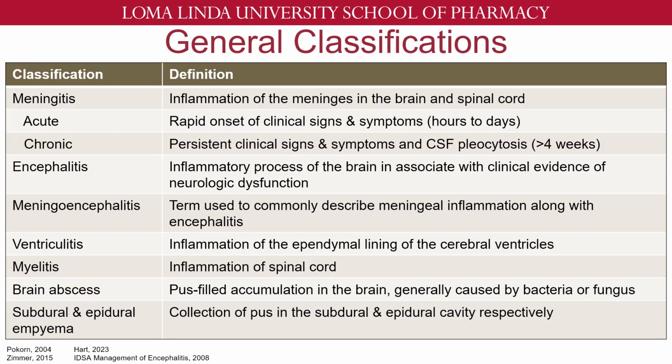Here are the general classifications I alluded to earlier. You are not responsible for memorizing the definitions for each of these classifications, but I present this to you because it's really important to understand the different distinctions. So looking at meningitis first, which by definition is inflammation of the meninges in the brain and spinal cord.